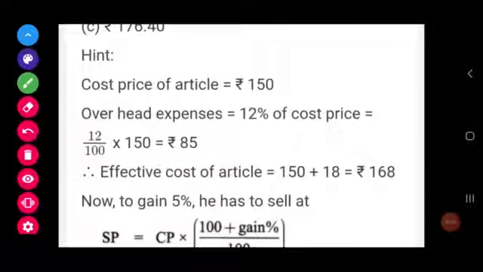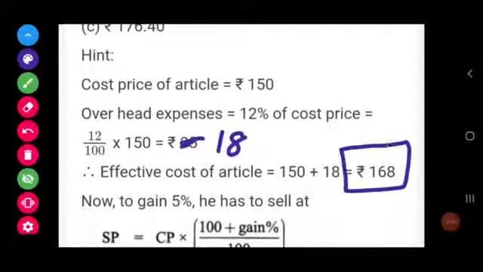They have given CP 150, overhead expenses 12% of CP, so 12 divided by 100 into 150, the value should be 18 rupees, not 85, it is rupees 18. Now the effective cost price of an article is 150 plus 18, 168. Now we have found the CP. Next what we have to find? We have to find the SP.